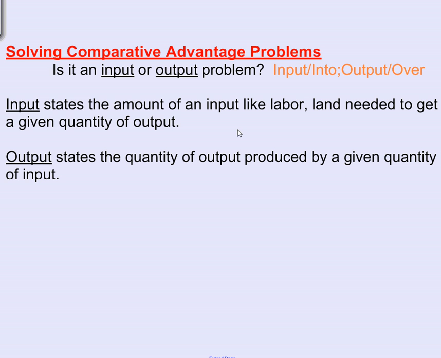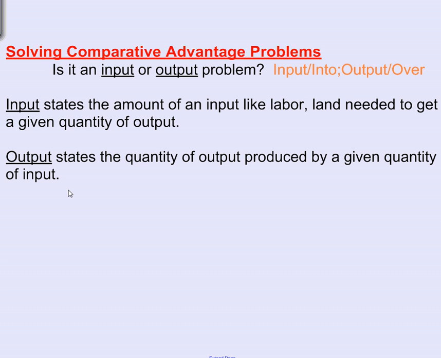Now, if we're trying to decide what type of problem it is, it's an input problem if in the framing of the question it states the amount of the input. Like again, you've got 3 hours to make a wagon, and another person only takes 1 hour to make one wagon. How much labor, how much land was needed to get some specific quantity of output, one wagon. 3 hours, 4 hours, 1 hour, how many hours of labor, how many acres of land to get that wagon or to get a bushel of apples.